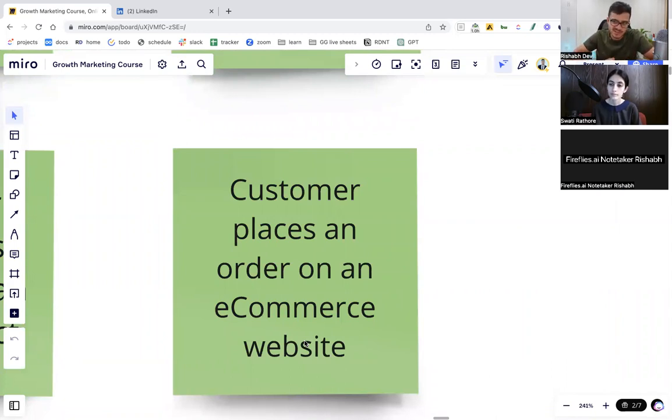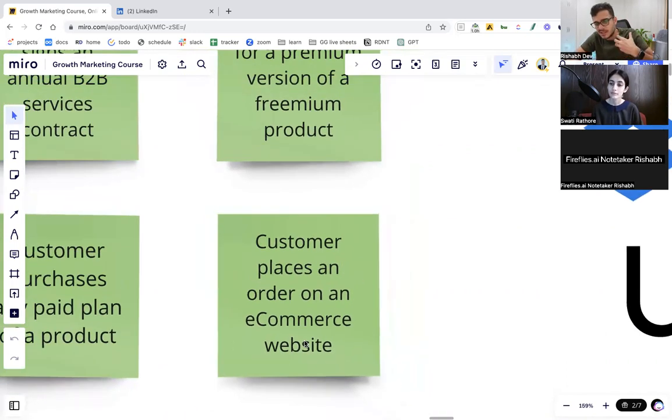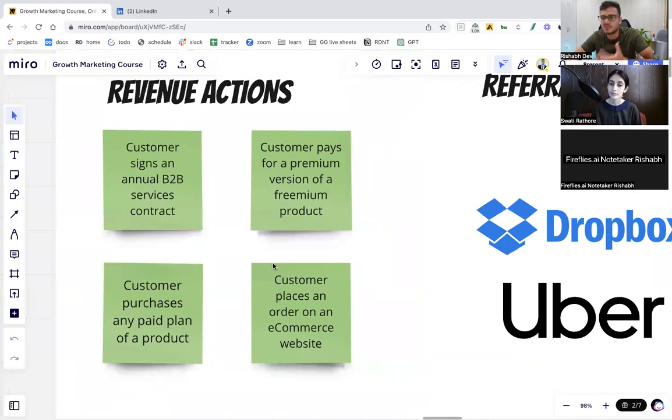Like Amazon does this really well, where when you're buying something, you will see this. People who bought this also bought this, which pushes the average order value up, and hence it becomes revenue marketing. So those hacks which fall into the revenue stage of the funnel should be done once you have your other stages of the funnel sorted, right?